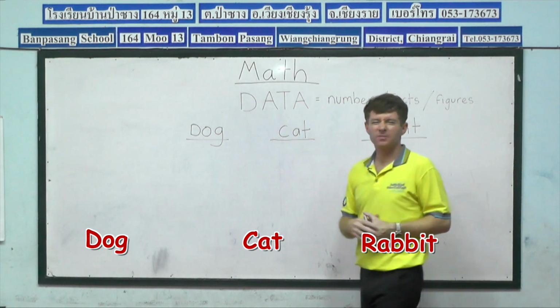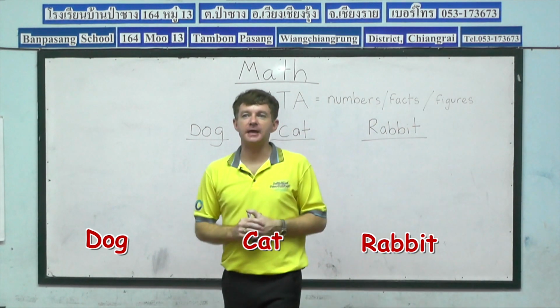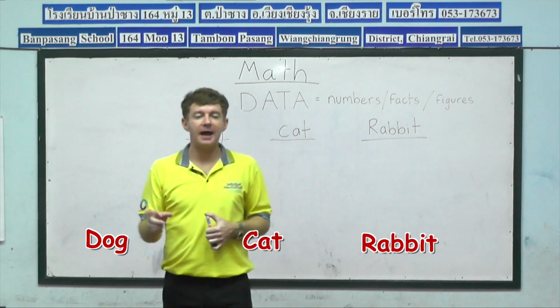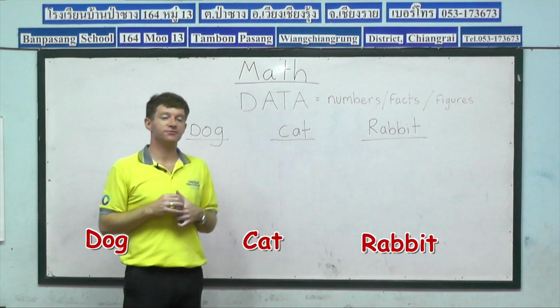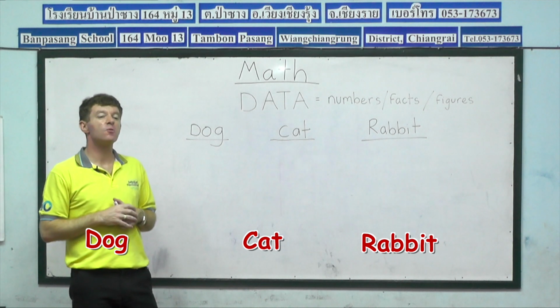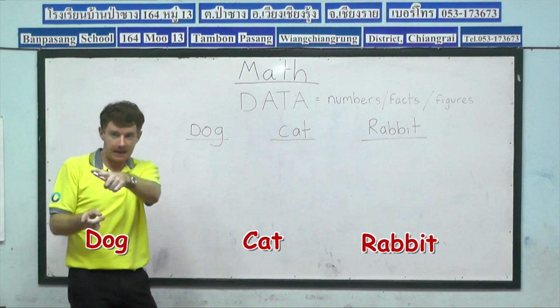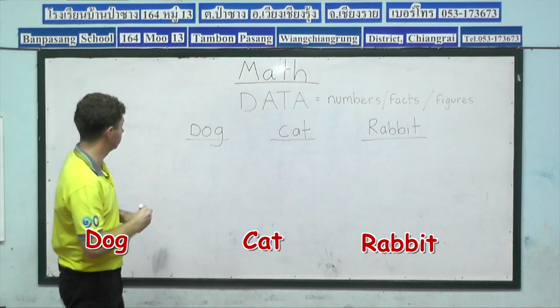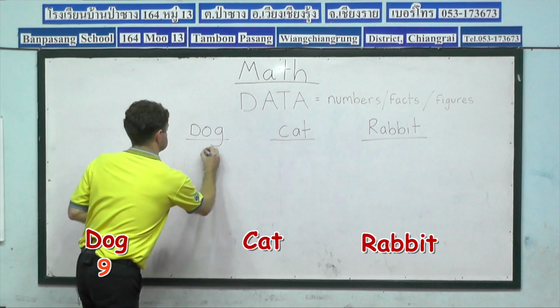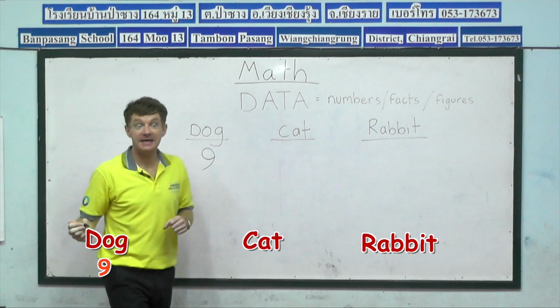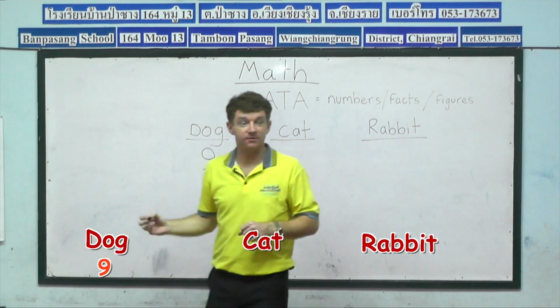Yes. So, just for the sake of giving an example, how many dogs shall we have? Someone give me a number of dogs. 4, a little bit higher. 9. We'll go with 9. 9's a good number. How many cats? 6.